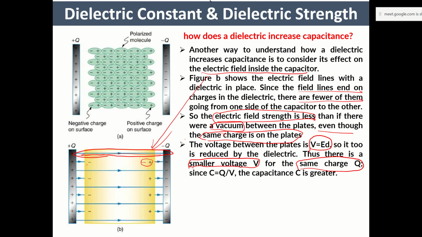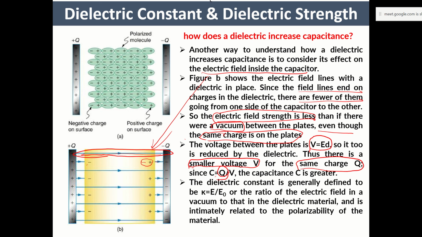Say if we are using water, by 80 times you have increased your capacity, the electric field has decreased by this amount, and the voltage required decreases by 80 times, and you are still getting the same charge Q. So the capacitance is high, the voltage required V is very small, and capacitance increases.